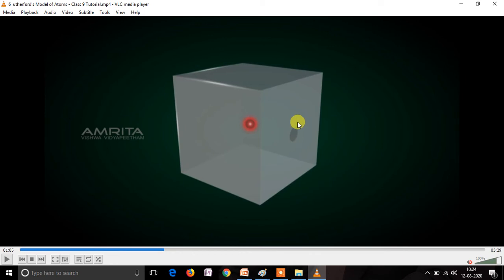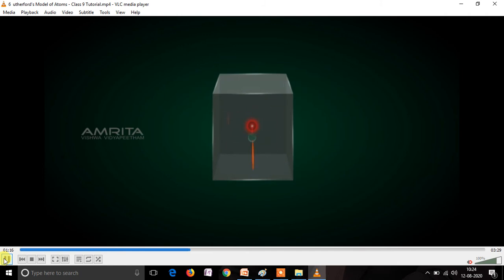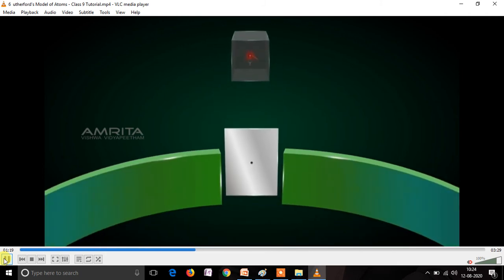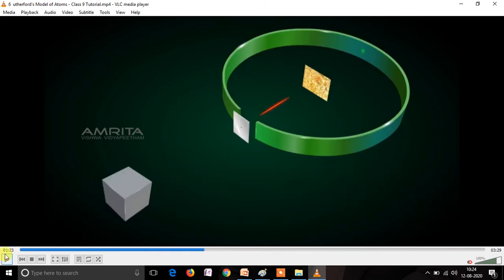These alpha particles are allowed to come out of the box only through this hole, and they move further after having several collisions inside the box. These particles are then bombarded on this gold foil.